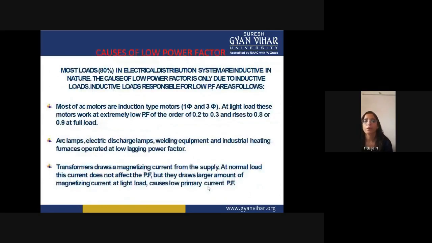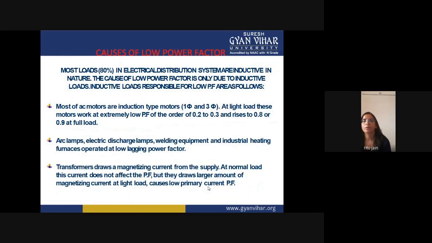So what are the causes of low power factor? Most loads, about 80% in an electrical distribution system, are inductive in nature. So the main cause of low power factor is inductive load. For example, most AC motors are induction type motors. It may be a single phase motor or a three phase motor.